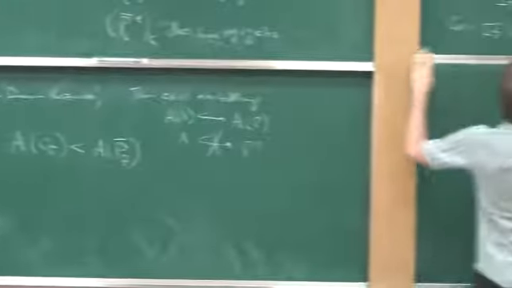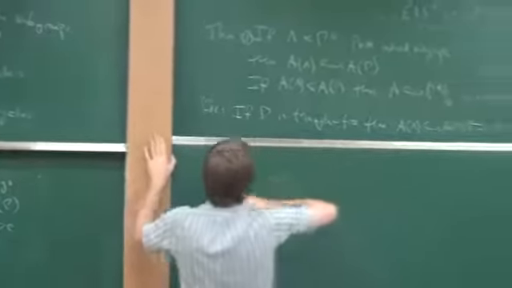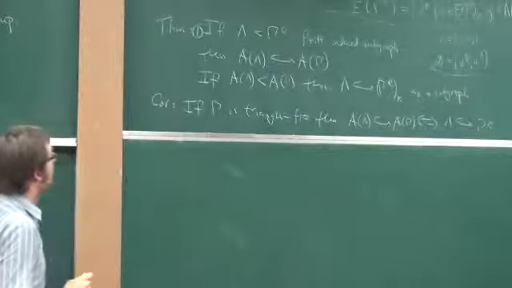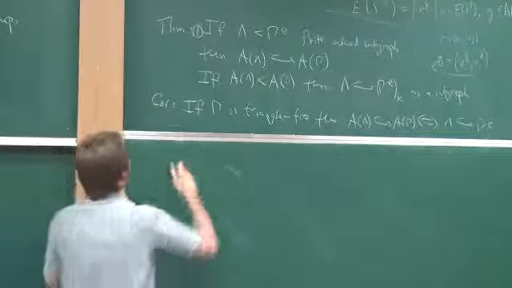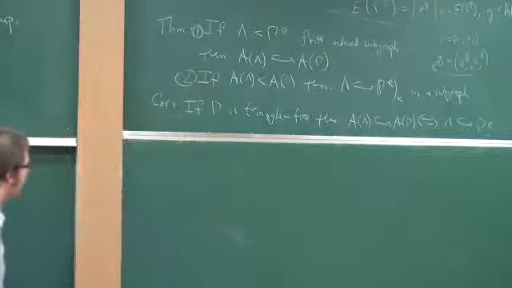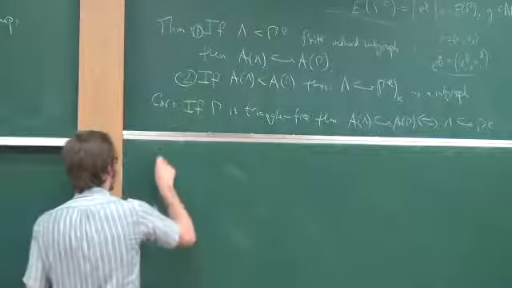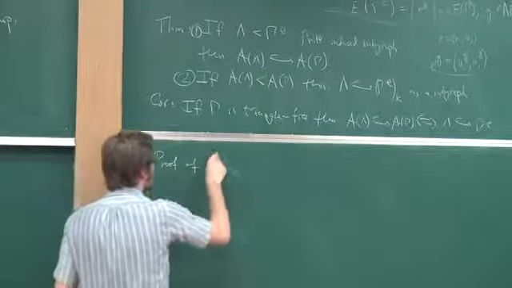So the first part of the theorem is: if you have a finite induced subgraph of the extension graph, then you get an inclusion of right-angled Artin groups, and the second one is the converse. So first I'd like to talk about the proof of the first part.